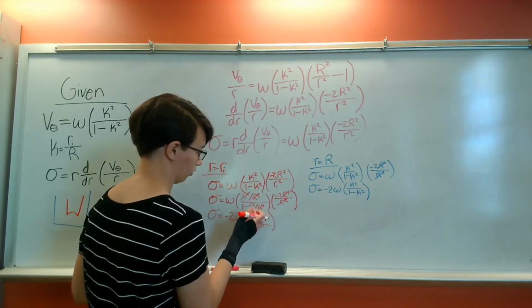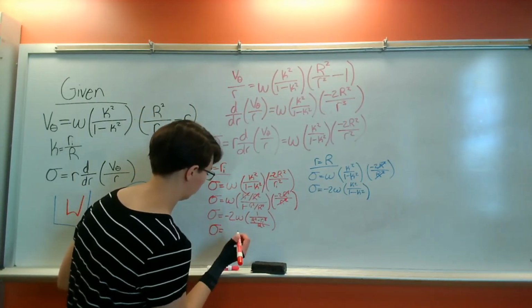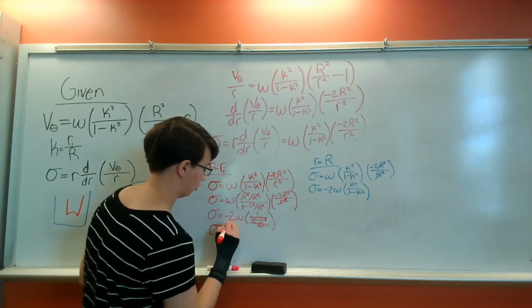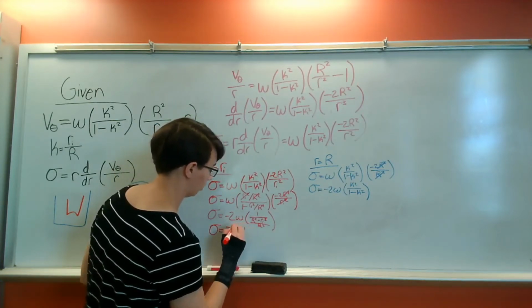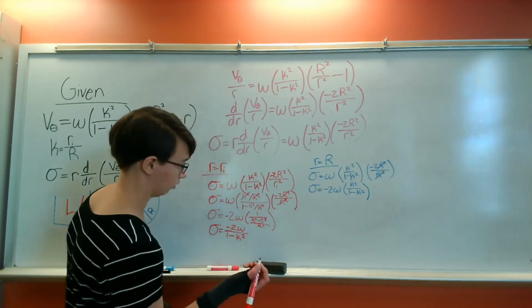We just turn it into r's, and we can turn it back into k's. So we have that the shear rate is equal to -2 omega over 1 minus k squared.